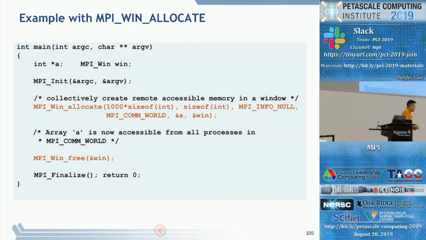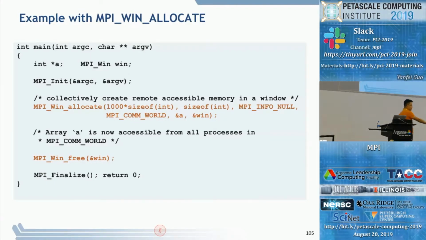So to put data in the remote buffer, you need to know the remote process rank, and you also need to know the index of the specific element of that array.